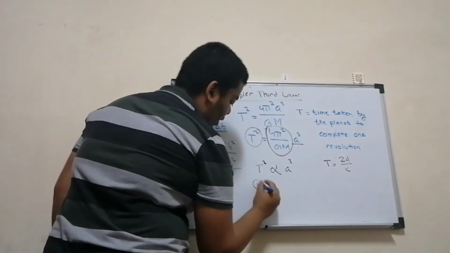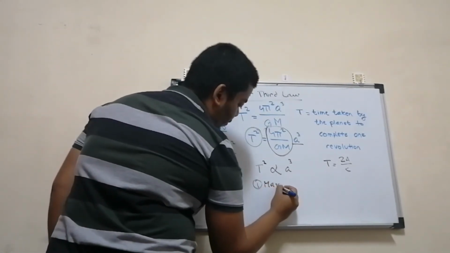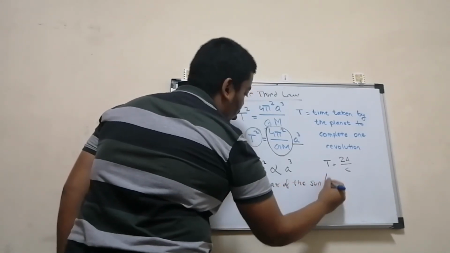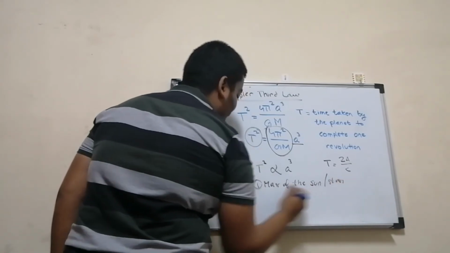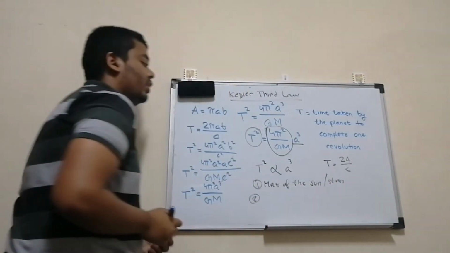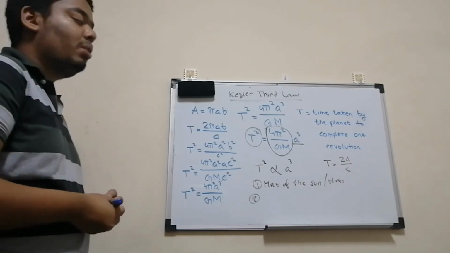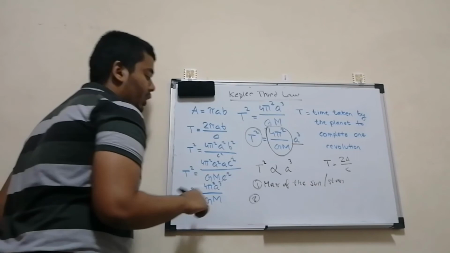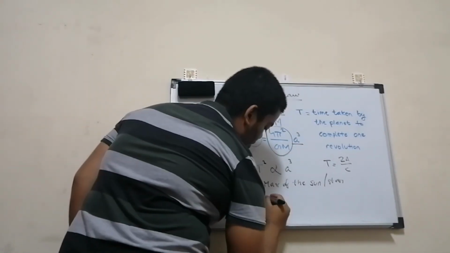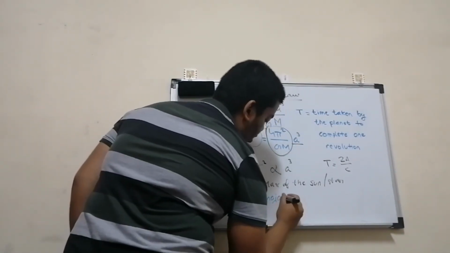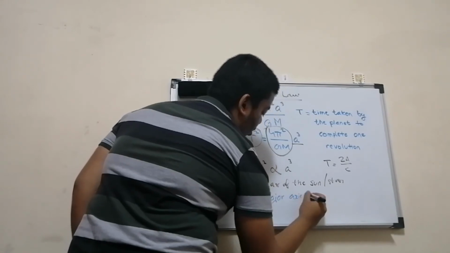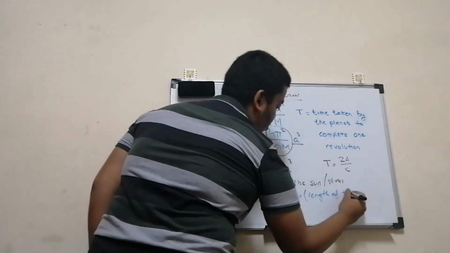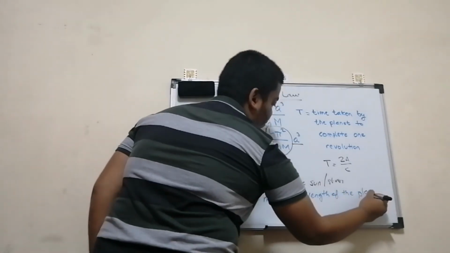One of the first things is the mass of the sun or the star. And the second thing that the time taken for the planet to complete one revolution depends on is the major axis, or the distance of the planet from the star or the sun.